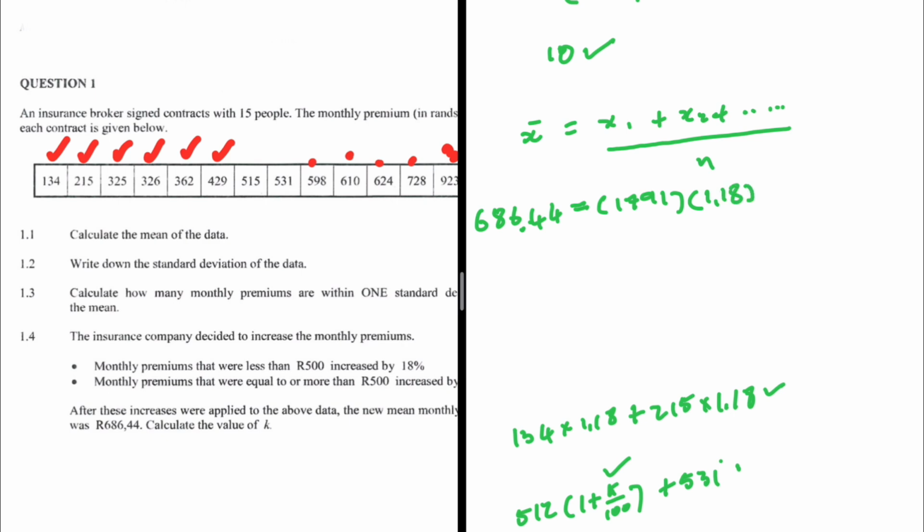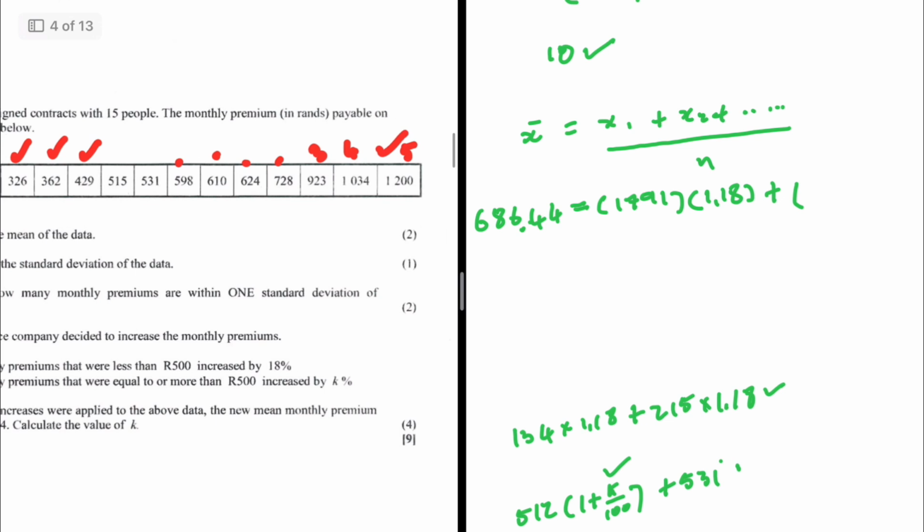And then we multiply that by 1.18. Okay, and then plus, now we're going to add all those other values: 515, 531, 598, 610, 624, 728, 923, 1034, 1200.